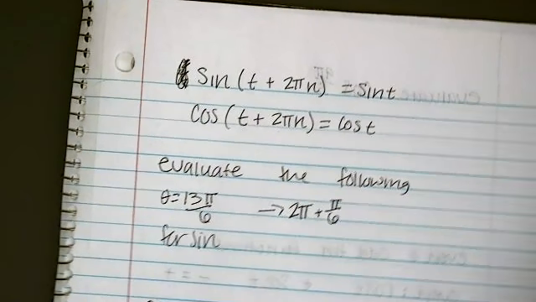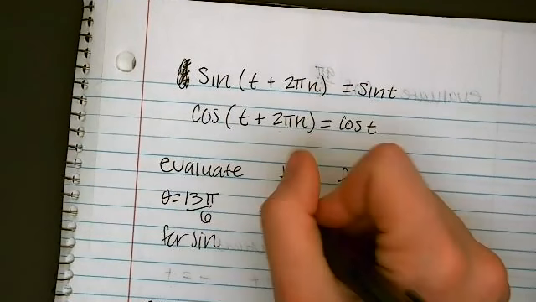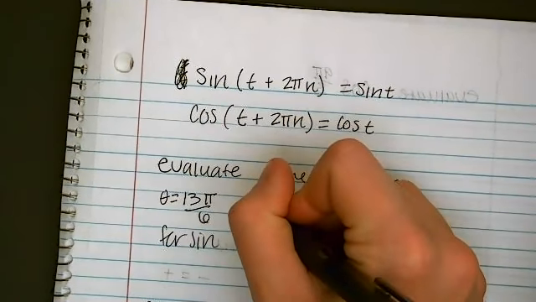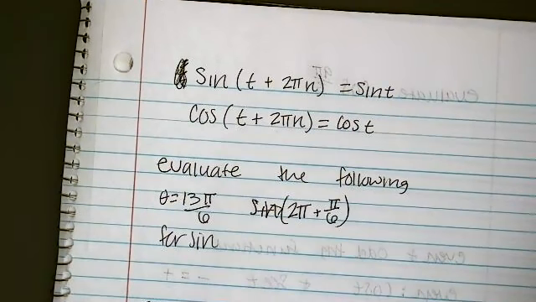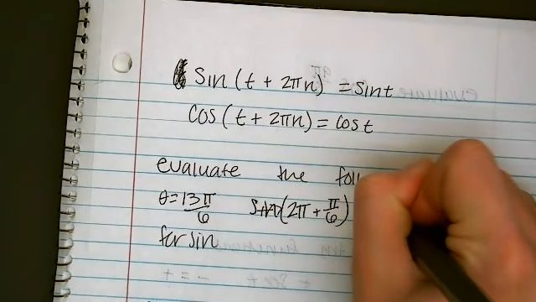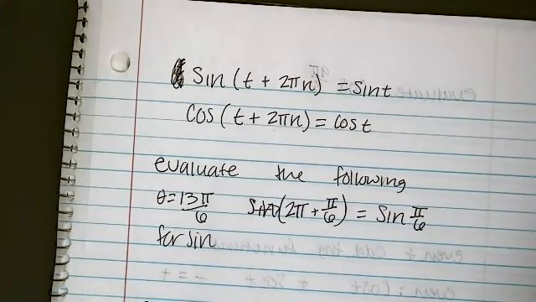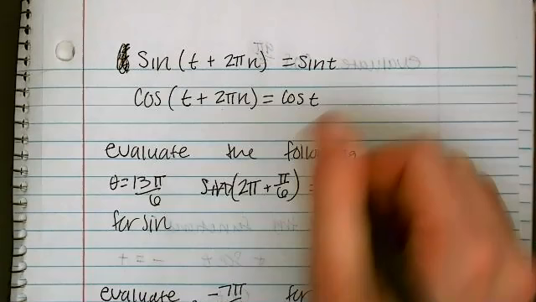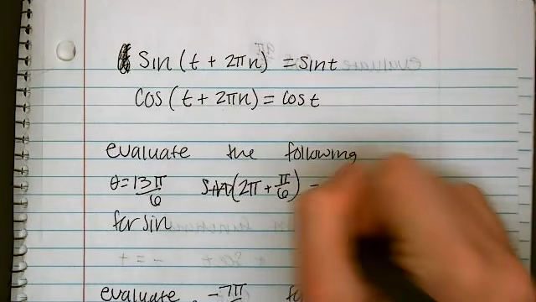So instead of evaluating for 13 pi over 6, because that's a massive radian measure, I'm going to evaluate for sine. I break it up and say, let's evaluate just sine of pi over 6. The y value at pi over 6 is 1/2, so it's simply 1/2.